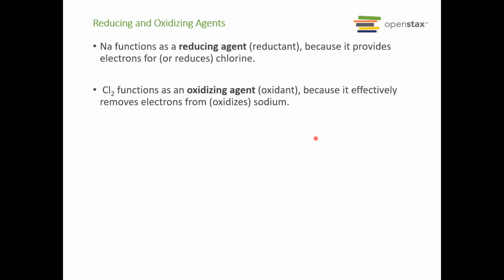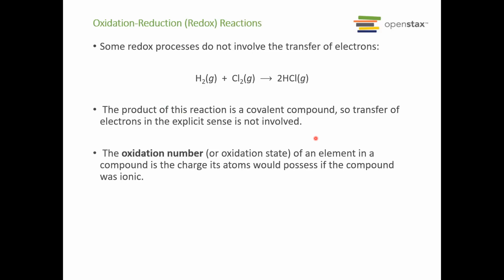So we're going to refer to that as the oxidizing agent or the oxidant, because it's the one that causes sodium to be oxidized. So it's a little bit backwards, but if you can just remember that the agent piece is going to be the opposite of what's actually happening to that. The reduced species is going to be the oxidizing agent. The oxidized species would be the reducing agent. And again, that's just a little bit of terminology we'll use here.